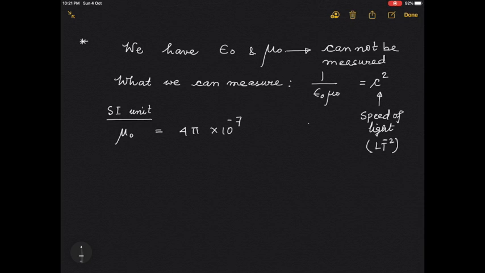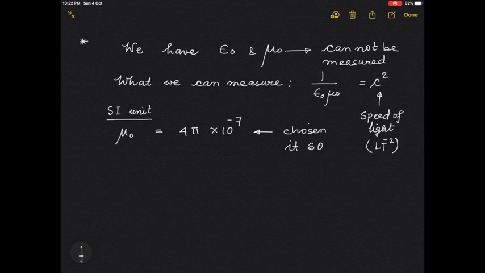What the hell is pi doing here? Why is it 4 pi into 10 to the minus 7? Pi is the ratio of the circumference to the diameter. Well, the value is 4 pi into 10 to the minus 7 because we have chosen it so.